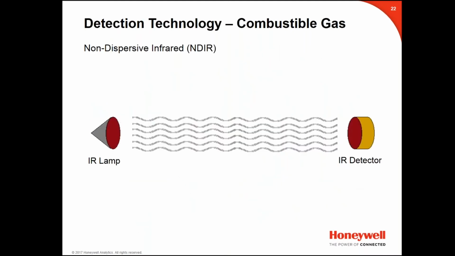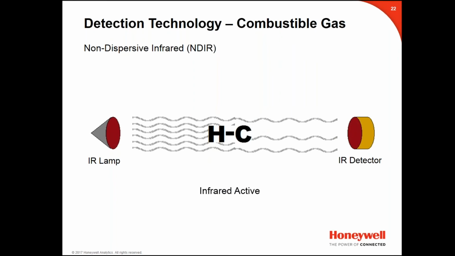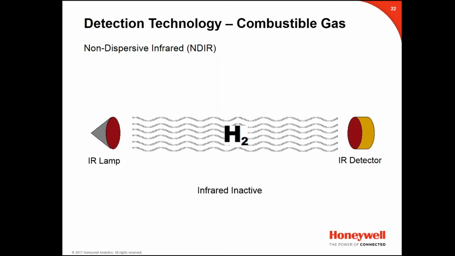Some flammable gases will react with infrared energy and some will not. Hydrocarbon gases will absorb infrared energy. So hydrocarbon gases are considered to be infrared active, whereas hydrogen will not absorb infrared energy, and therefore it's considered to be infrared inactive.